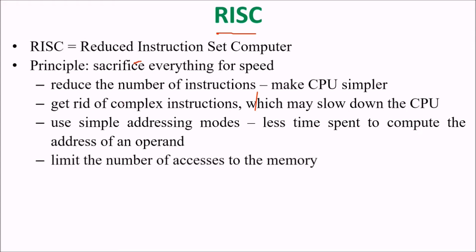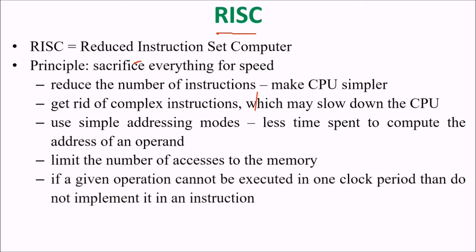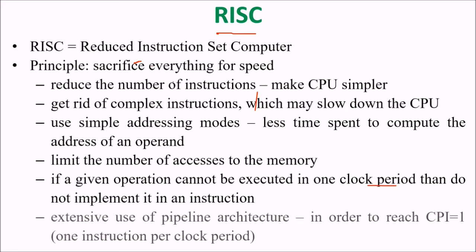And also, the principle is to limit the number of accesses to the memory. If a given operation cannot be executed in one clock period, then do not implement it in an instruction. And use the pipeline architecture extensively in order to reach a CPI of one instruction per clock period.